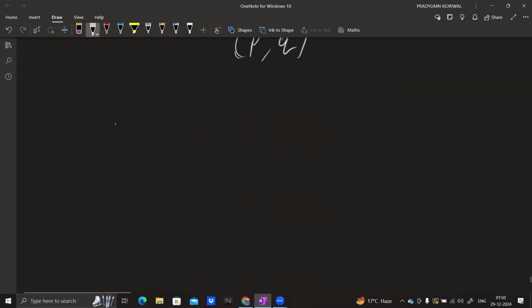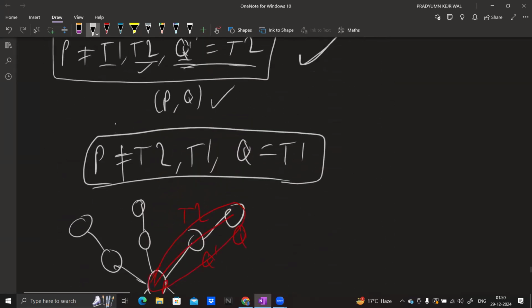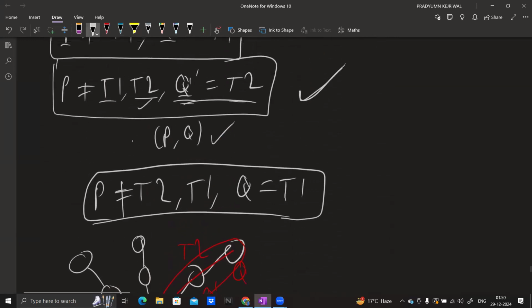How? What I am doing is fixing Q dash. I am iterating over all the possible Q dash nodes.